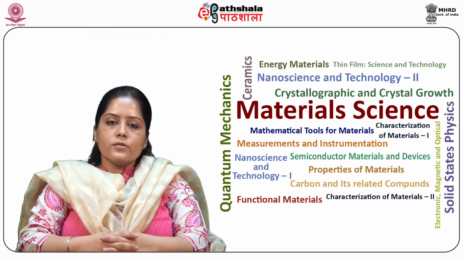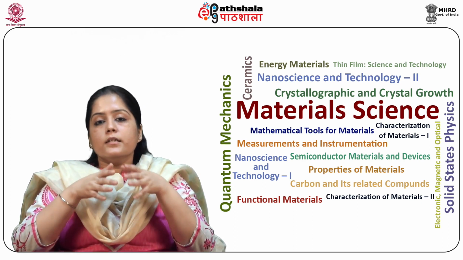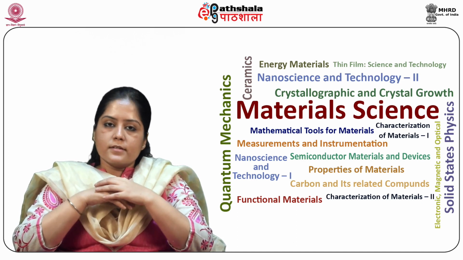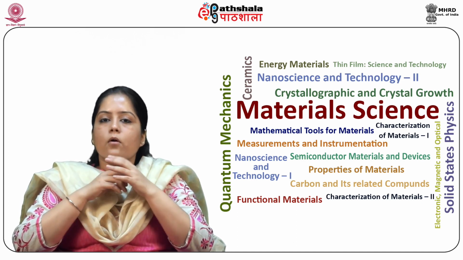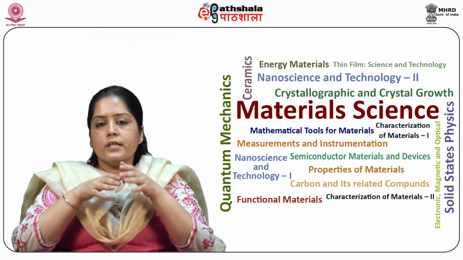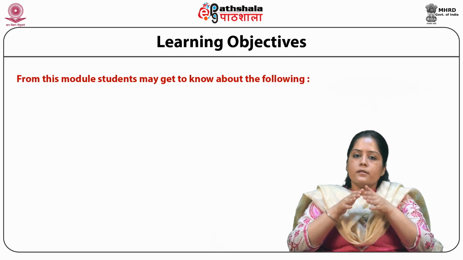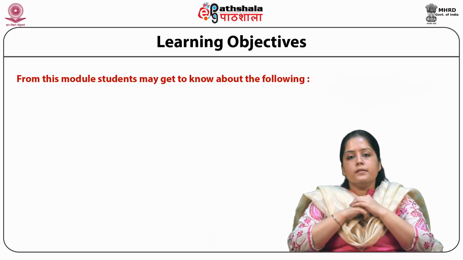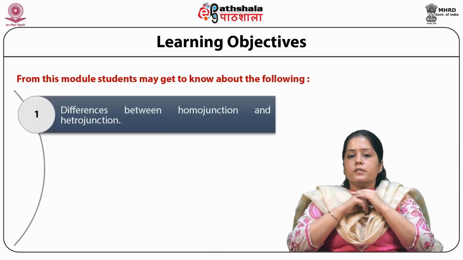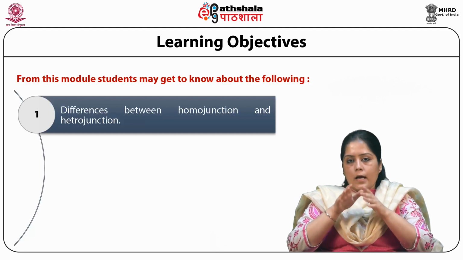Today we are going to discuss the module Other Device Structures and Solar Concentrators from the paper Energy Related Materials. The main points covered in this module are: first, the differences between the homojunction and the heterojunction.